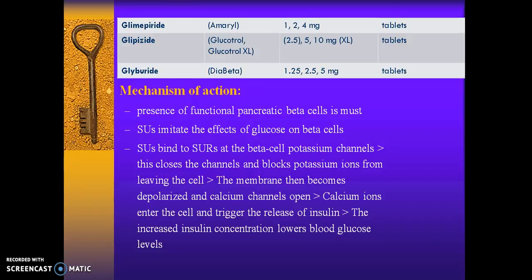Due to the inhibition of the potassium ion channel, depolarization of the membrane occurs. That's why the calcium channel opens. Calcium ion enters the cell and triggers the release of insulin. The increased insulin concentration lowers blood glucose level.